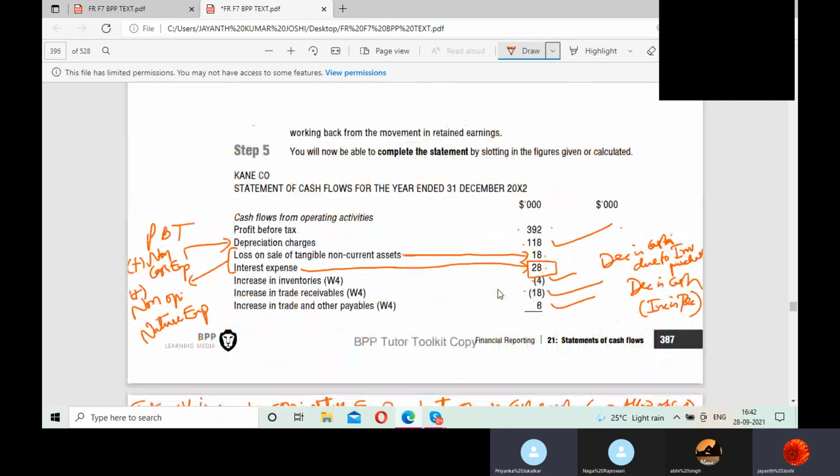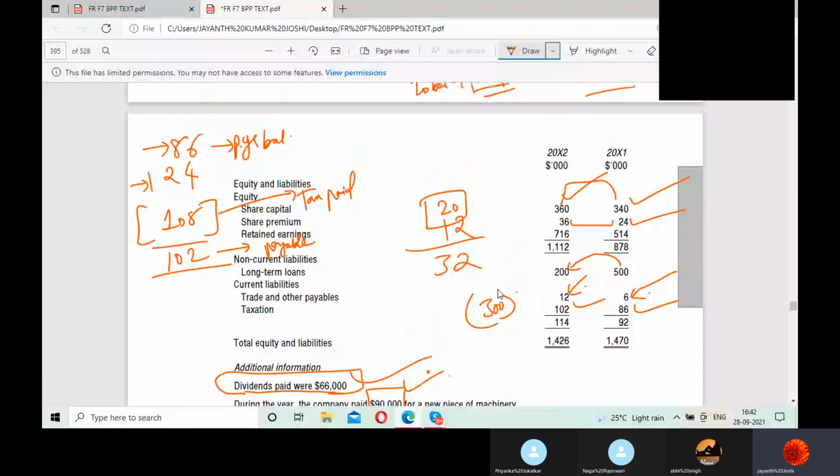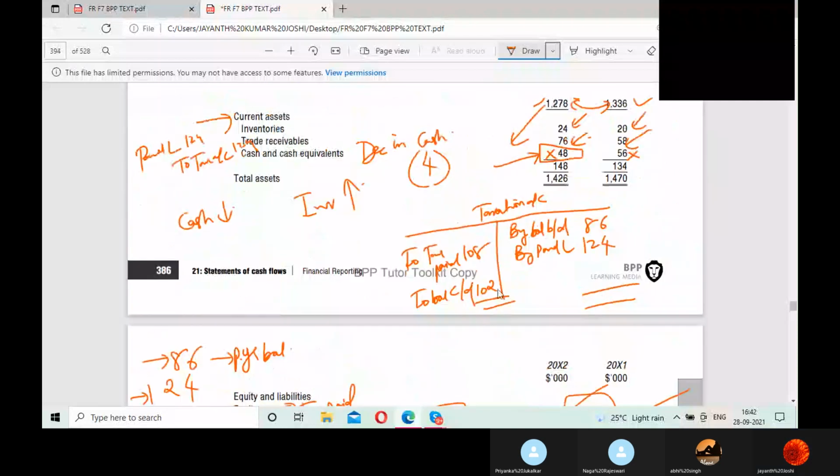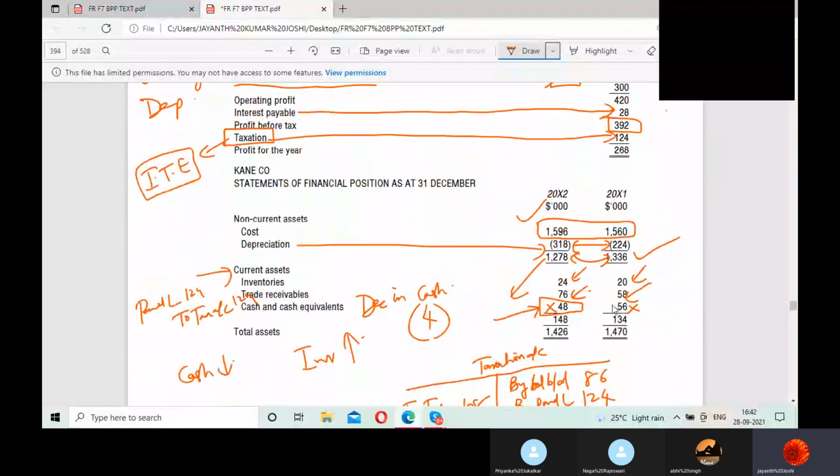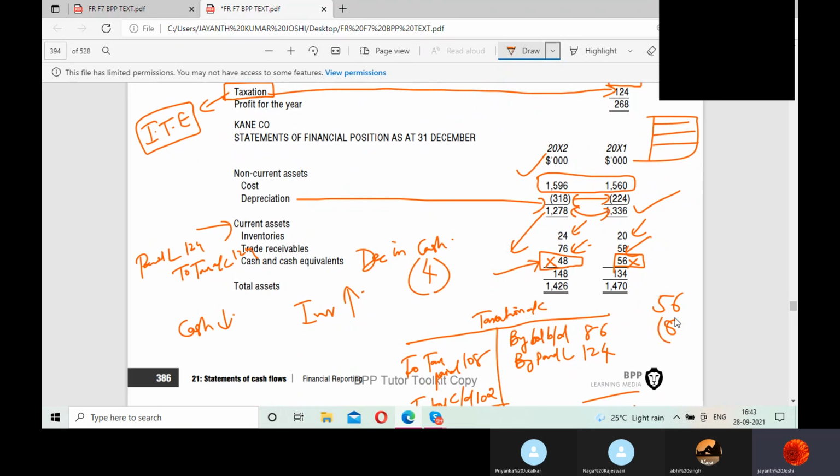And what is the opening balance of this cash you have in the year? 56. So this is what you had as opening balance, and after adjusting the amount of cash flow from operations, investing activities and financing activities, you have a negative cash balance, it seems.